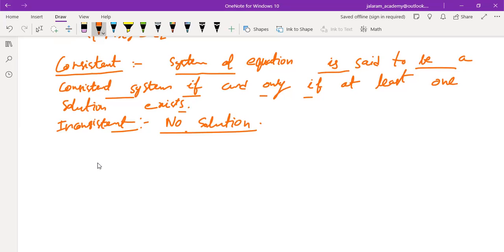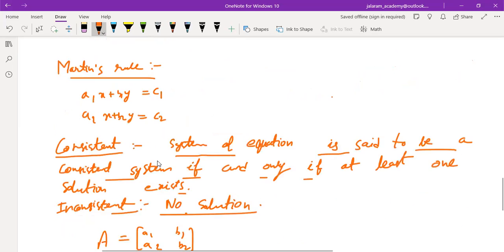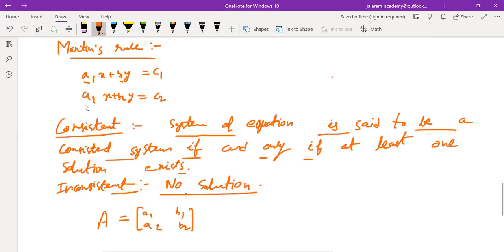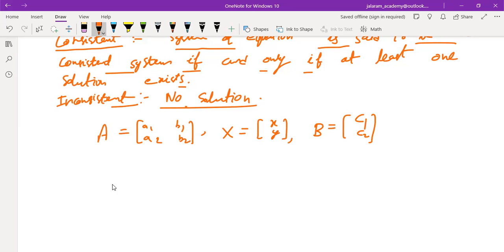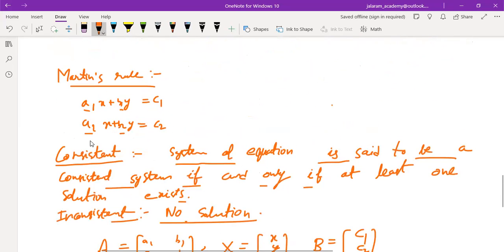Now we know that if we consider A equals the matrix [a1, b1; a2, b2], which is formed by the coefficients of these two equations, X equals the variable matrix [x; y], and capital B equals [c1; c2], to solve it we write AX equals B. This gives the two equations we studied in the previous session.